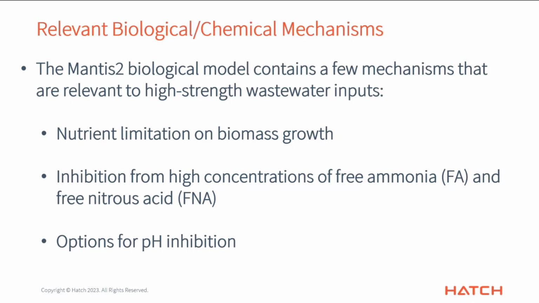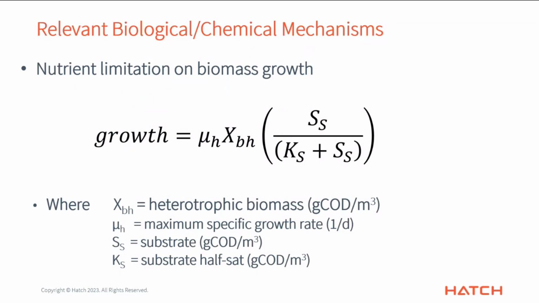Of course, you have lots of COD, maybe not so much phosphorus or nitrogen in it. That is going to play a role in understanding what's going to happen. And I have a nice example ready to go for you here. There's also the inhibition from high concentrations of free ammonia and free nitrous acid. I'll show you how those work. And generally, there's the whole ability to add pH inhibition to any one of the biomass types.